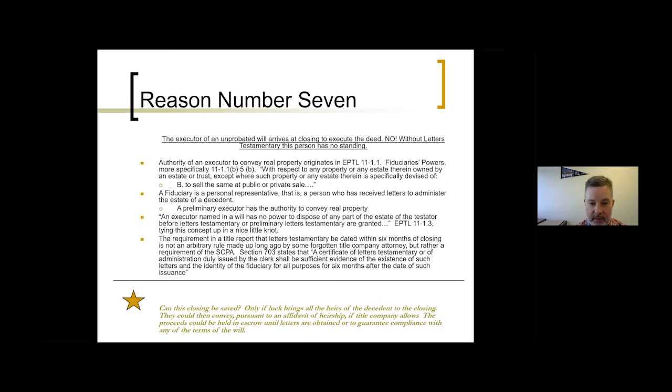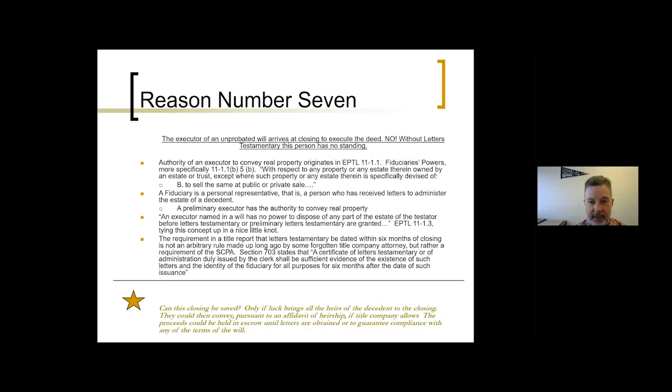Now, in the title report, when we see an estate in title, we're going to raise the exception that the letters have to be updated if they're not within 6 months. That's statutory. We didn't just make that up. That is a statutory reason under the SCPA.